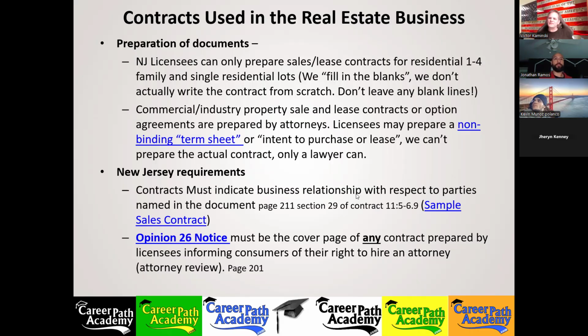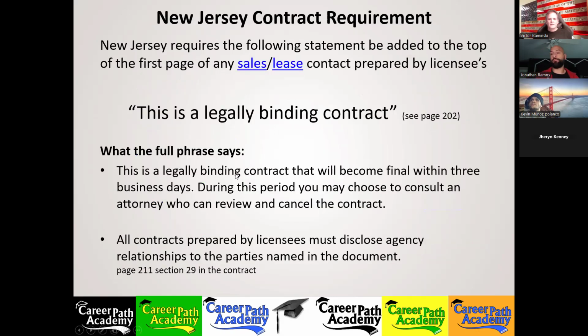Contracts must indicate the business relationship that we have with the parties in the contract. The Opinion 26 notice has to be sitting on the contract as the cover page, stating that they have the right to hire a lawyer if they're not using one, right? New Jersey has on the top of the first page of the actual sales contract for sales and lease contracts the wording that this is a legally binding contract.